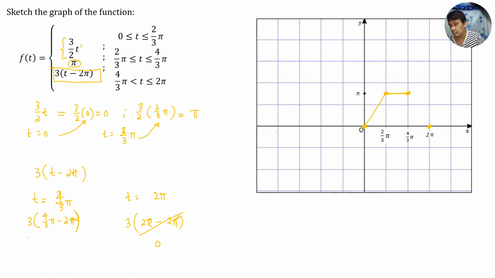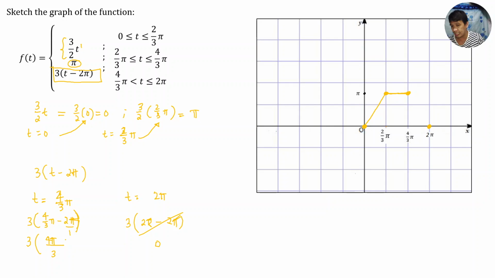So, this is 3 times 4/3 pi minus 2 pi. 3 divided by 3 is 1 times 4 pi is 4 pi. 3 times negative 2 pi is negative 6 pi.